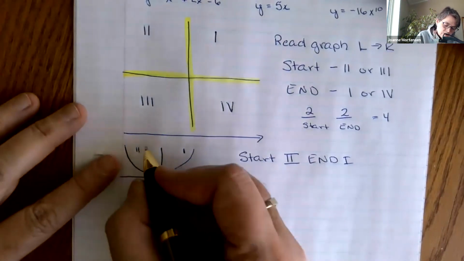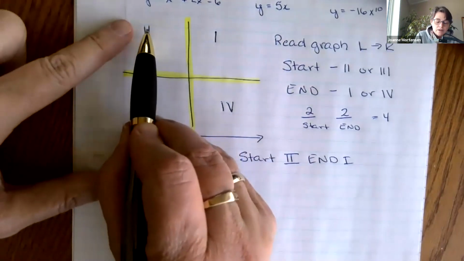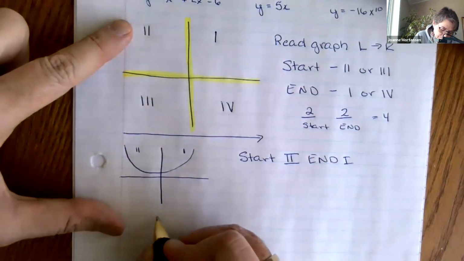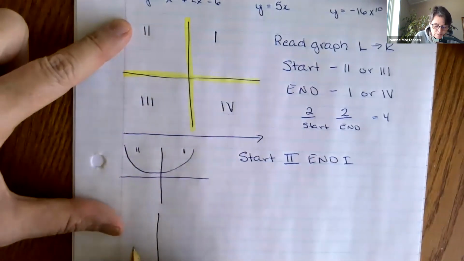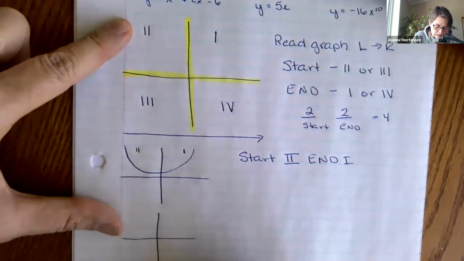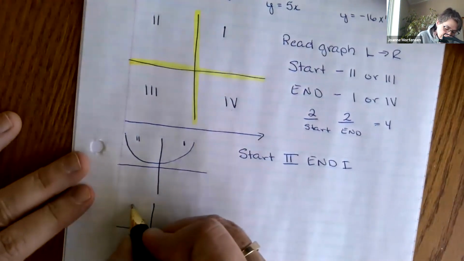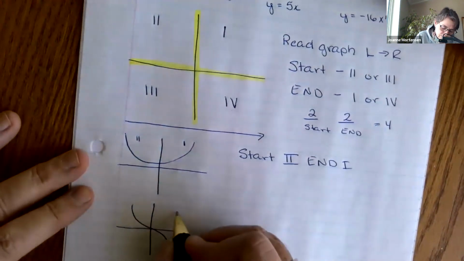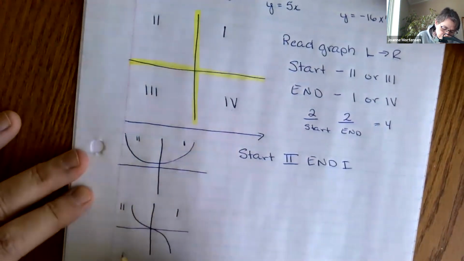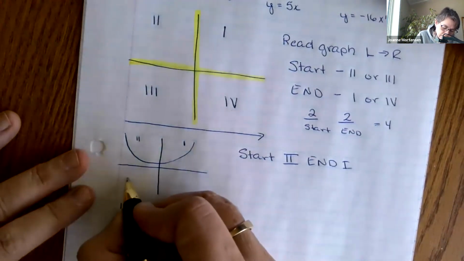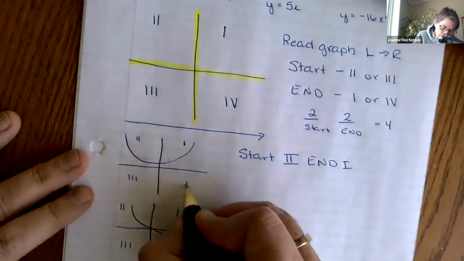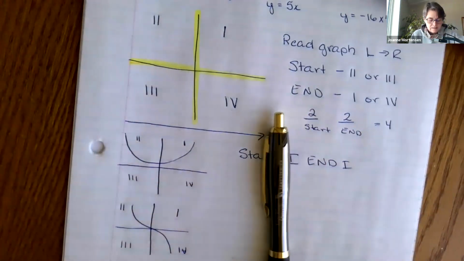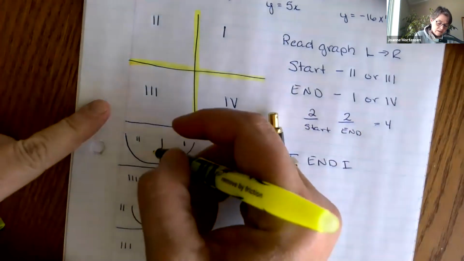I can start in 2, and I can finish down here. I draw my graph a little smaller so I can get them all on the page. And that could be a graph that goes like that. So 1, 2, 3, and 4.